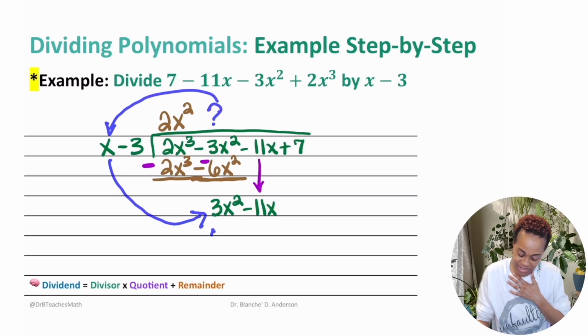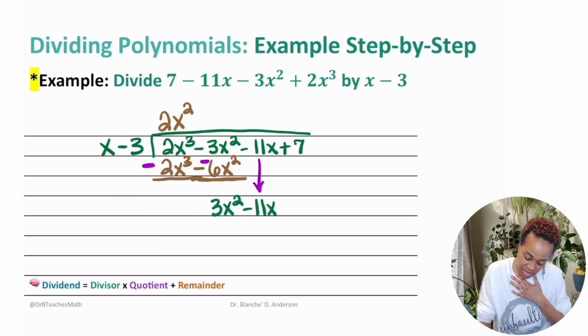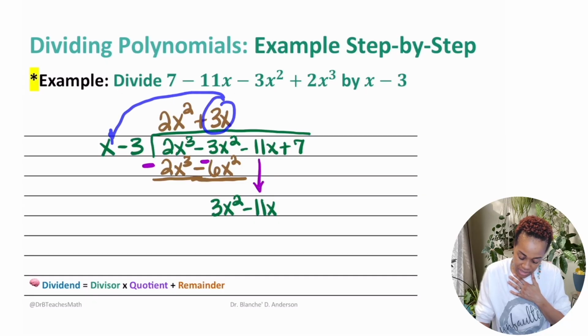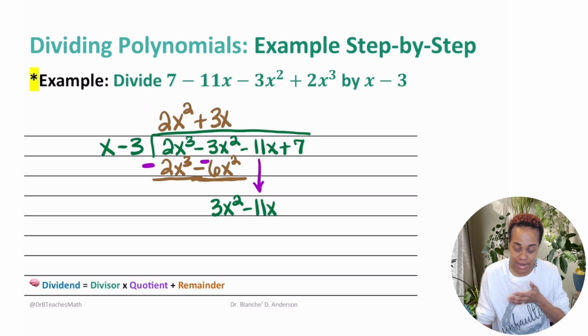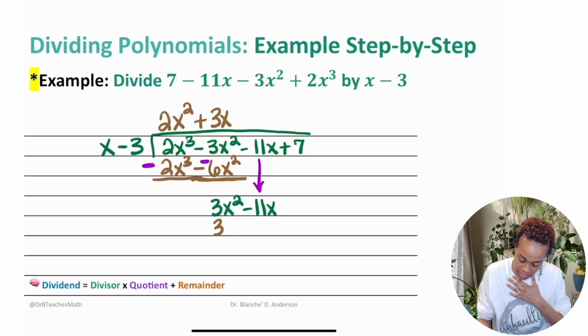And why is it a positive 3x? Because this is positive. So now 3x times x is 3x squared, and 3x times a minus 3 is going to give me a minus 9x.